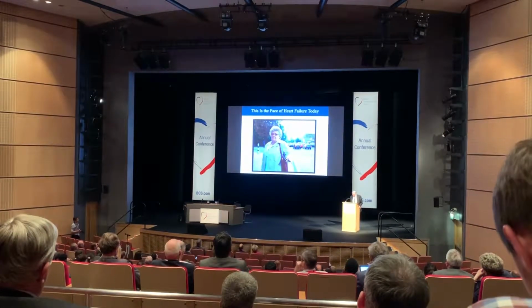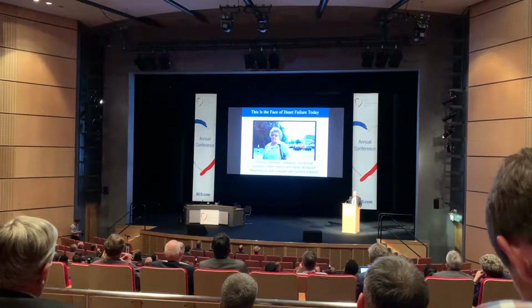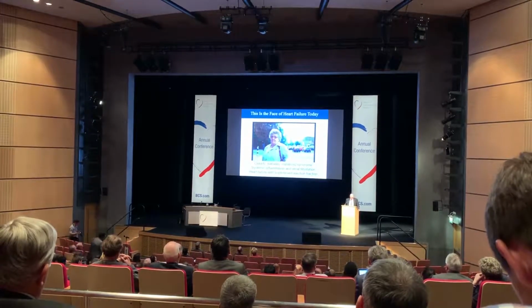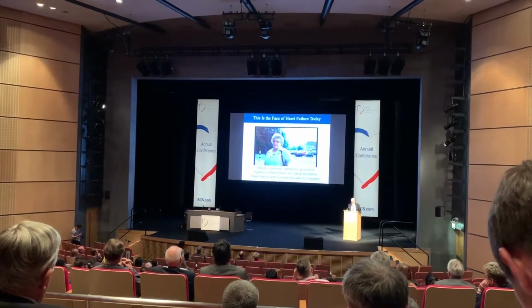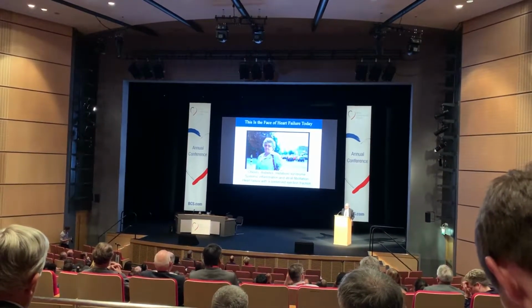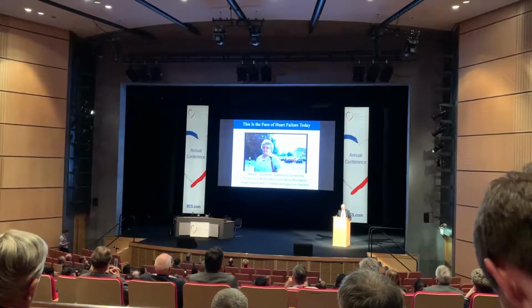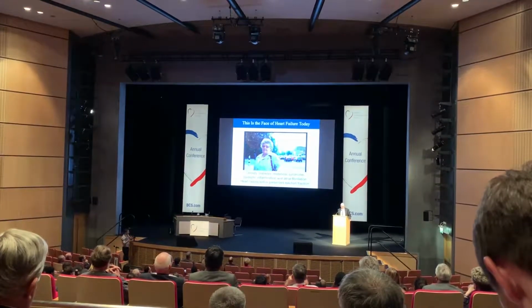What it looks like is a patient who is obese, who's diabetic, who has a metabolic syndrome. It is characterized by systemic inflammation. It is particularly characterized by the combination of atrial fibrillation and heart failure with a preserved ejection fraction.